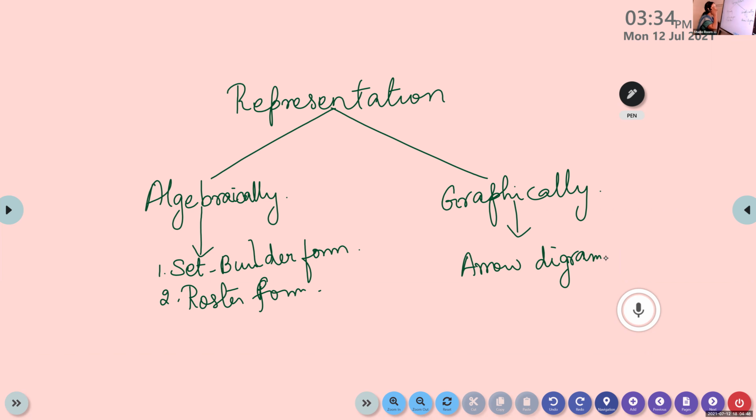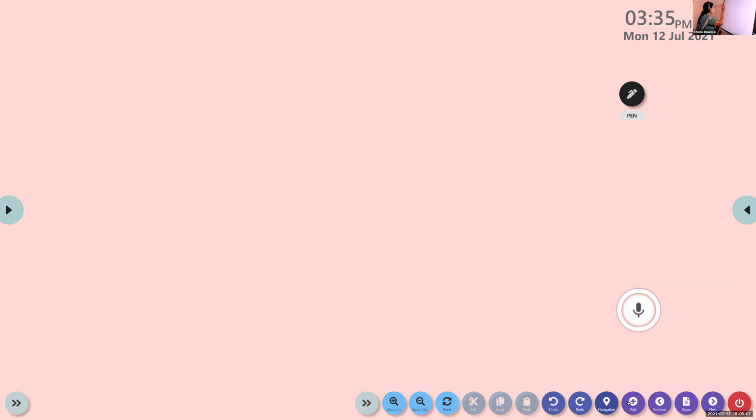Okay, children, now I'll give one question. Try to answer this one. Write the question. A is equal to the set 1, 2, 3, 4, 5. Sorry, not set of all ordered pairs. It is a set.